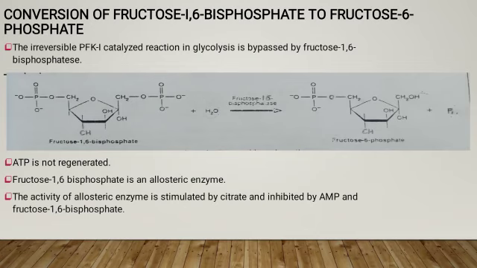During this reaction, ATP is not regenerated. Fructose 1,6-bisphosphatase is an allosteric enzyme, which means that the effectors or ligands bind at a site other than the active site. The activity of this allosteric enzyme is stimulated by citrate and inhibited by AMP and fructose 2,6-bisphosphate.